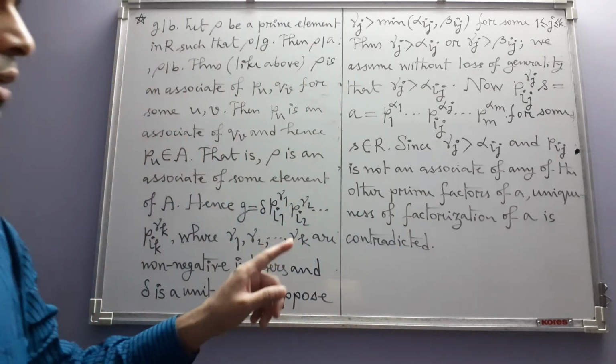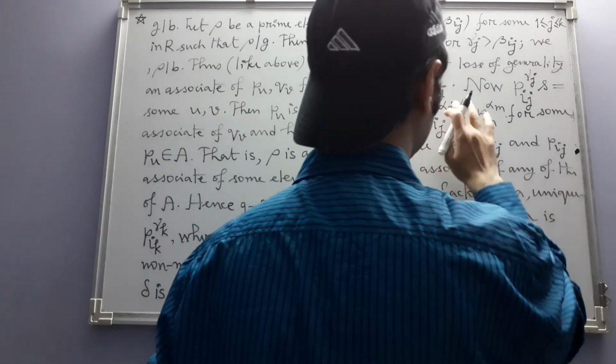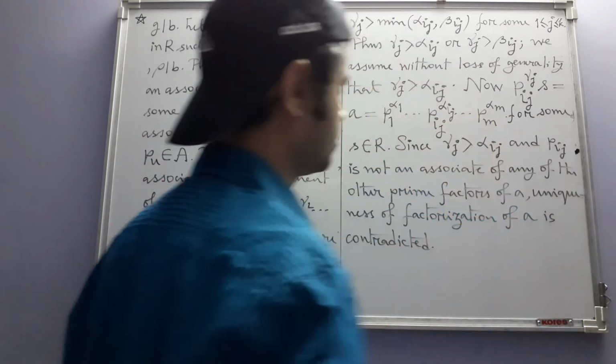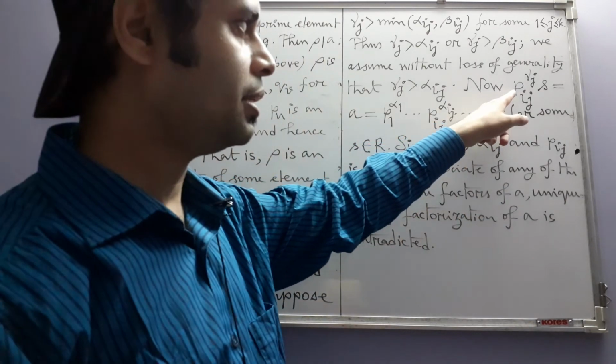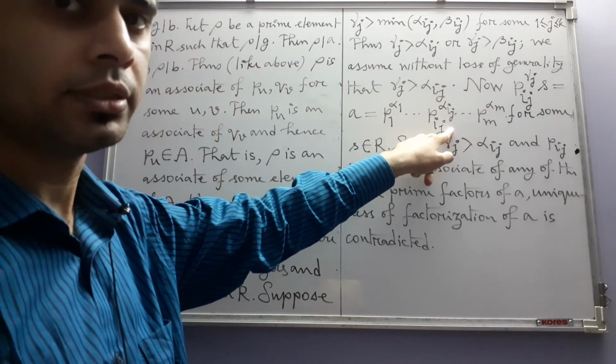It's because, we should have written alpha ij here, there is more Pij on this side than on this side.